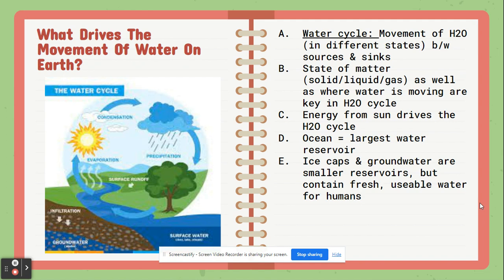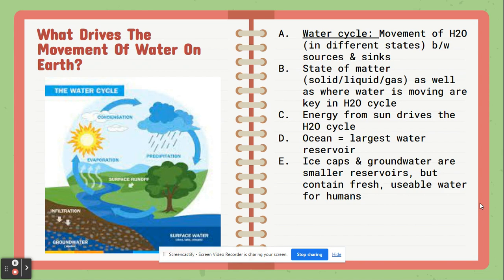Since water can move in different states, it could be a liquid, a gas, or a solid, there are certain parts of the water cycle where we see water being released, as well as water being stored for longer periods of time. That's the difference between a source and a sink. A source is releasing water, while a sink is storing it.